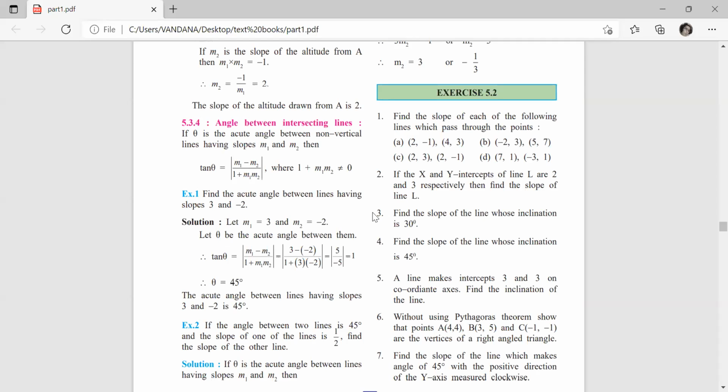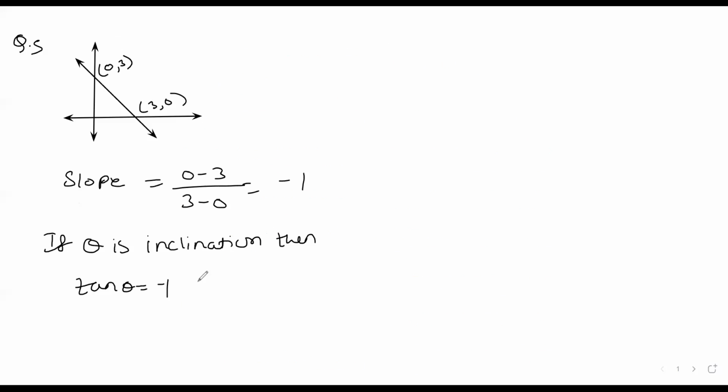Okay, they have asked you to find the inclination. Yes. If theta is inclination, then tan theta is minus 1. So I can say theta is tan inverse of minus 1. Actually, they have changed the question, and the question is, what is the slope? So slope is minus 1.